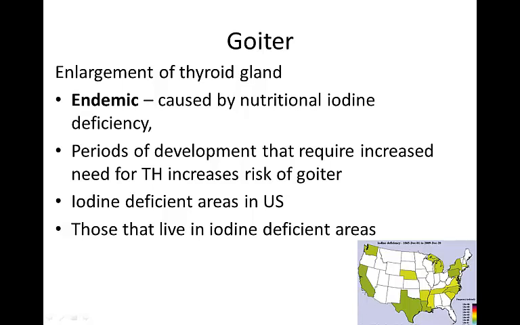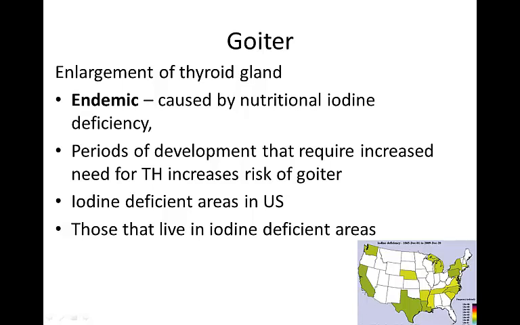Enlargement of the thyroid at birth can be sufficient to cause severe respiratory distress. Sporadic goiter is usually caused by lymphocytic thyroiditis and intrinsic biochemical deficits or defects. Thyroid replacement is necessary to treat hypothyroidism and reverse the thyroid-stimulating hormone effect on the gland.